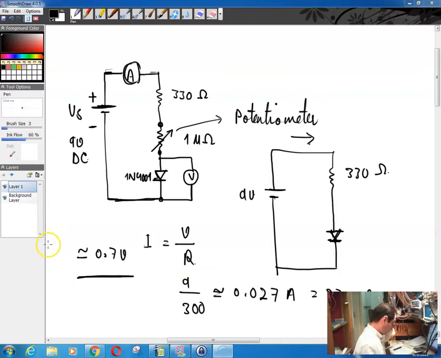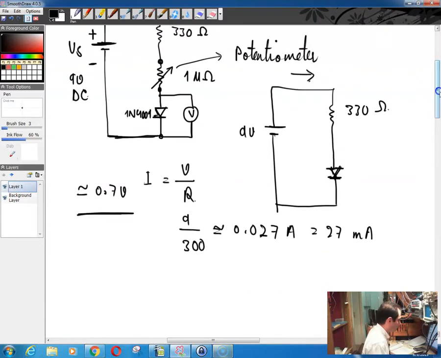So what I want to show you in this video is a simple project that we are going to do in order to see what happens to a diode when you have a diode in a circuit, for example something like this.